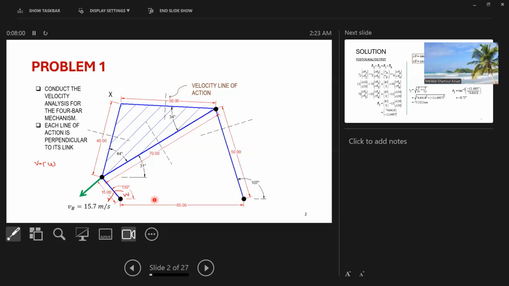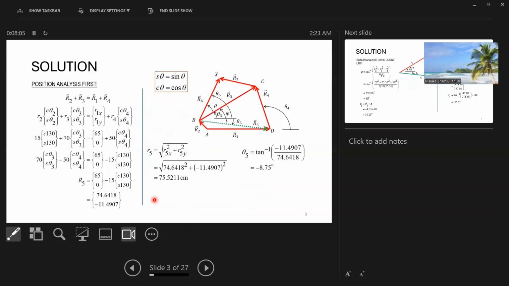Which was not shown here. You can draw that and measure this length to be 75.52. So this is correct. And then we have theta 5, which is here. We put the delta y on top and delta x on the bottom.